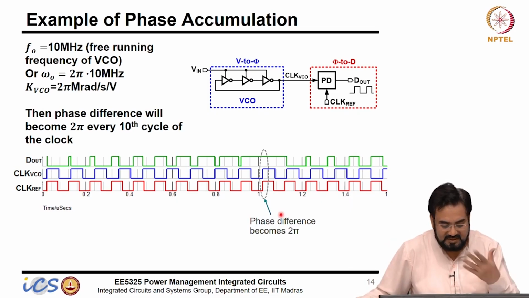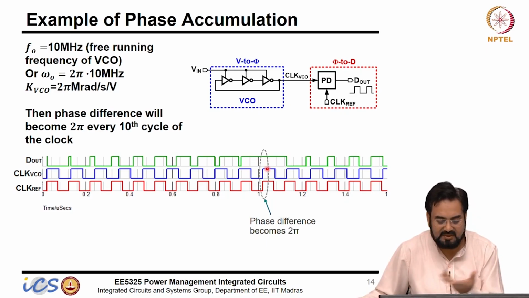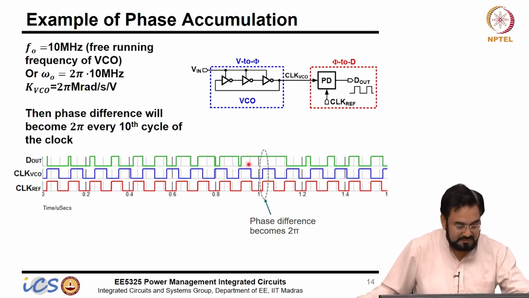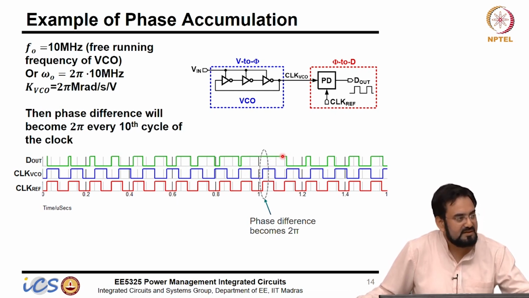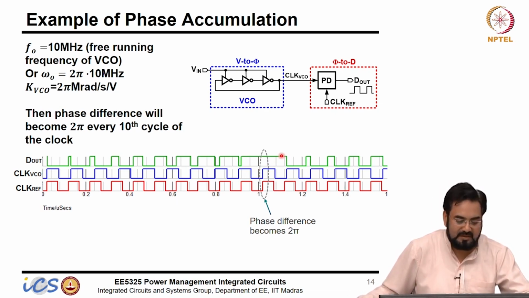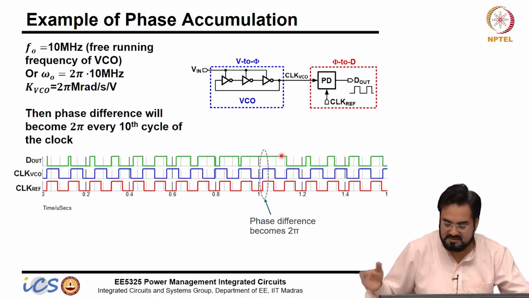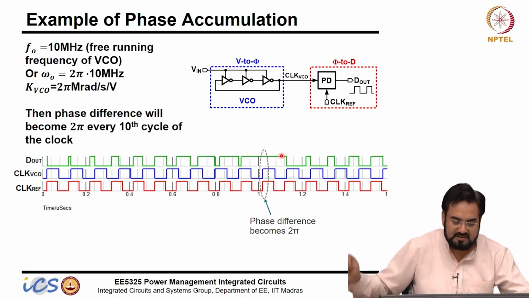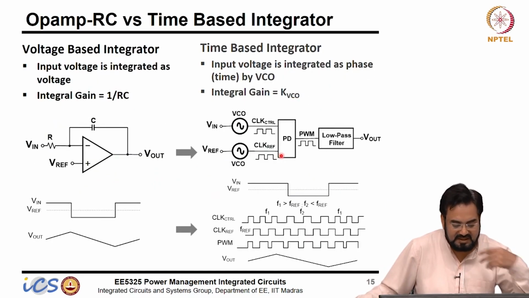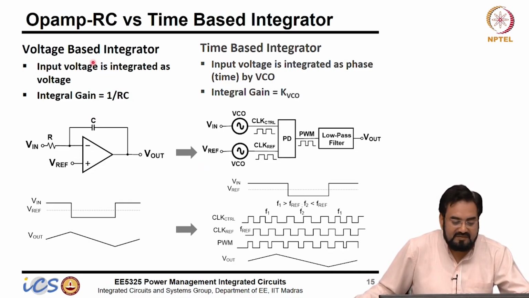In a converter we call it duty cycle slip, because the cycle corresponds to a duty cycle here. So every 2 pi, which means your converter should settle before it goes to 2 pi, otherwise you will get a cycle slip, and at the output it will go completely out of regulation. How we fix that, we have some techniques, we will tell you later. Now, if I compare the op-amp RC and time based integrator.